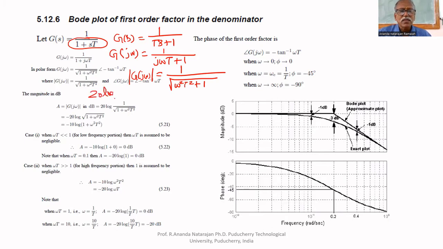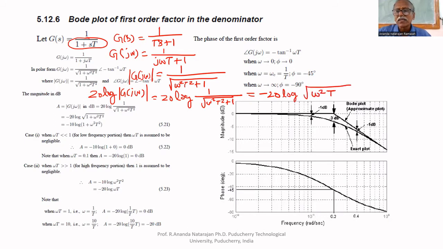That is 20 log modulus of G of j omega, that is equal to 20 log 1 by square root of omega square tau square plus 1. That is equal to minus 20 log square root of omega square tau square plus 1.